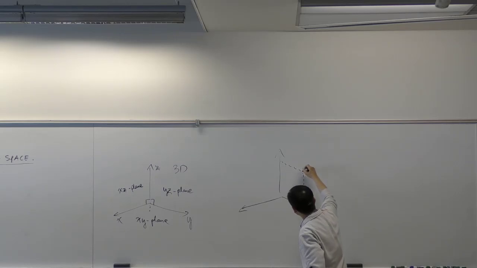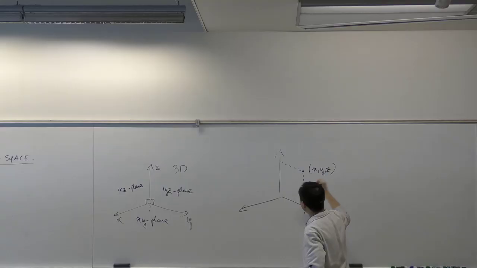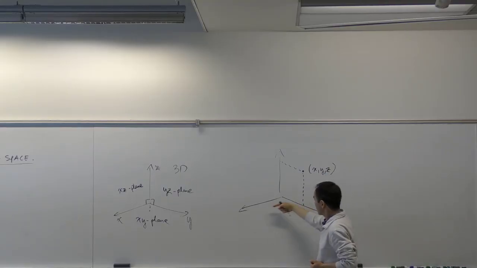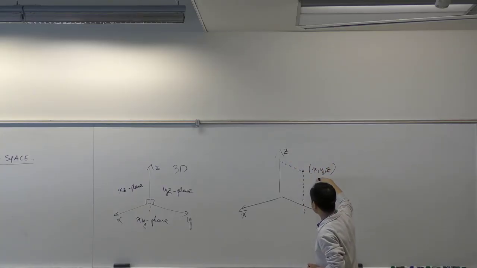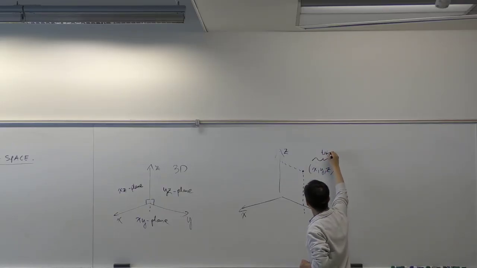So that point is x, y, and z. We stay with that convention: the x-axis, y-axis, and the z-axis. With that, the point is now no longer a pair, but a triplet. Okay, it's a triplet.